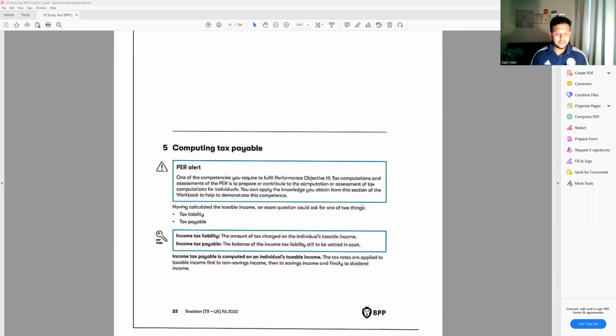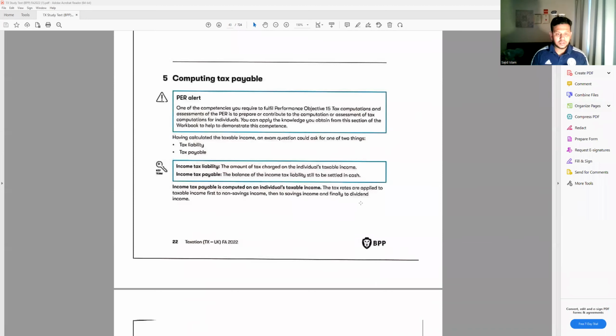The next one we have here, tax liability. As I discussed before, income tax liability means the amount of tax charged on the individual's taxable income. So how much is the liability? This is called tax liability. Based on my taxable income, how much liability is created, it's called tax liability.